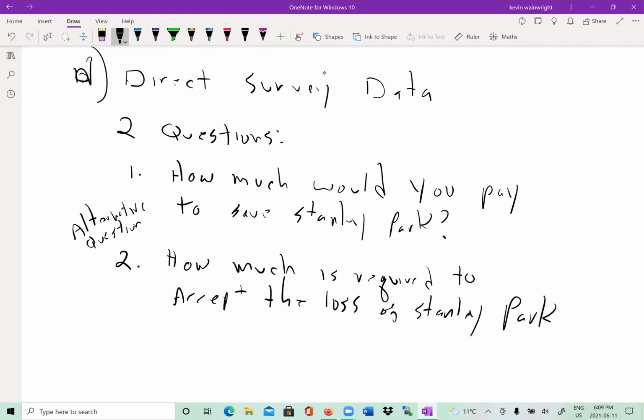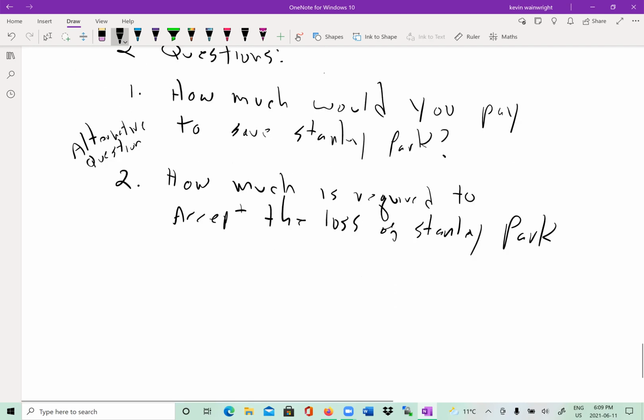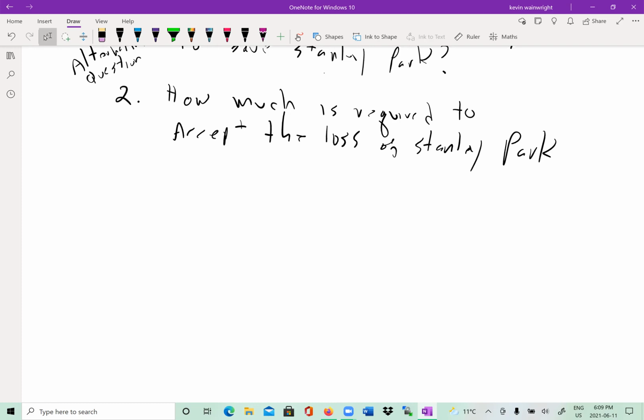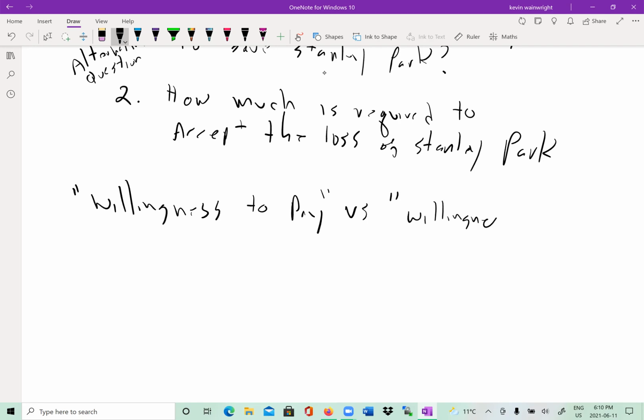Right? Okay, so two ways of asking this question. One, how much would you pay to protect Stanley Park? And two, how much are you willing to accept as compensation for losing Stanley Park? And this is known as willingness to pay versus willingness to accept.